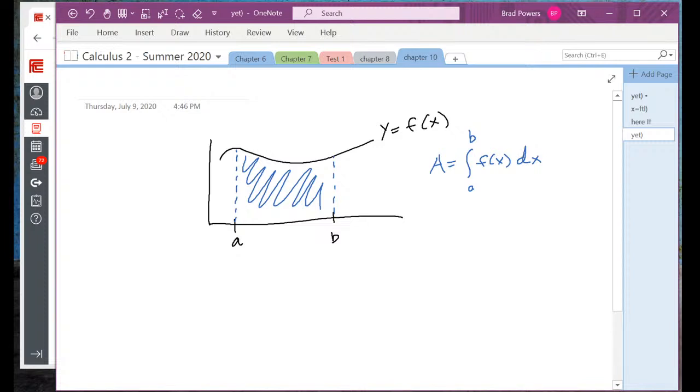Now what we have is, well, y is a function of t. And we've been using x and y, and I've been using lowercase f for my x value. So actually, I'm going to make this a capital F, so I'm consistent here.